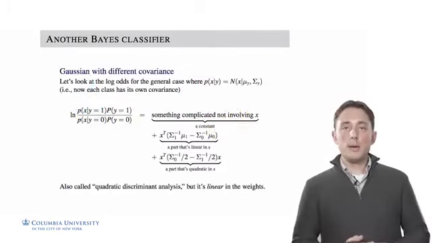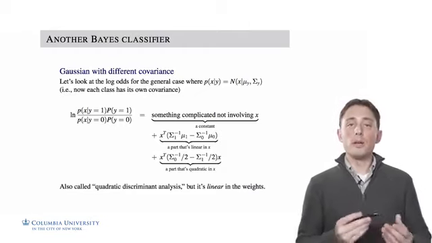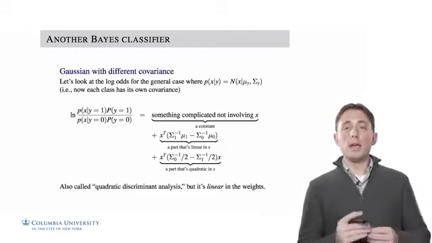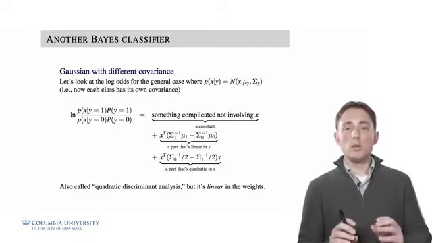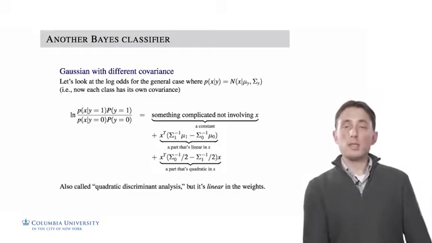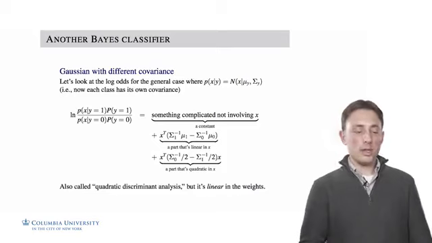And we actually saw an example of this with the Bayes classifier, where each class conditional density was a multivariate Gaussian and had its own mean and also its own class-specific covariance. So let's go back and look at that, similar to how we did with the linear case.